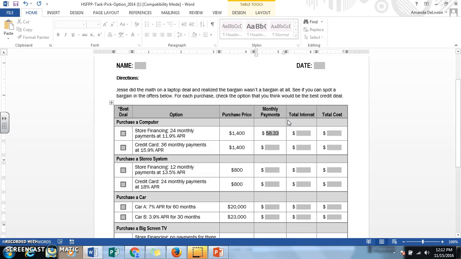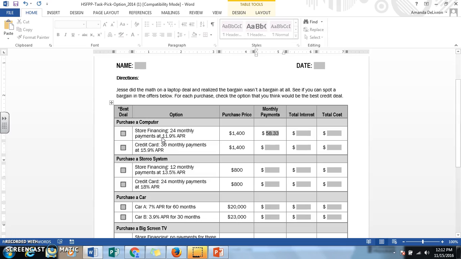Then my total interest, I can take the purchase price and multiply that by 11.9%. So in my calculator, I would do $1,400, and I would multiply that by, this is a decimal. So this percentage, I would have to move the decimal place over 2 spaces. So in my calculator, I would do 0.119.